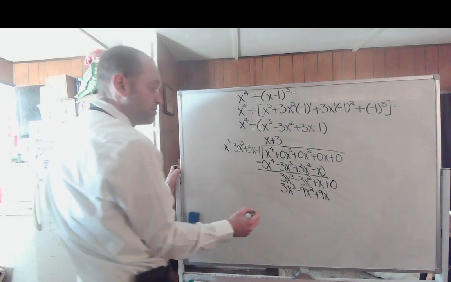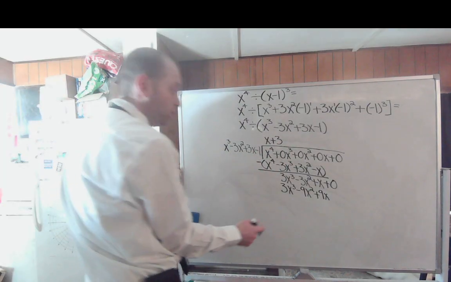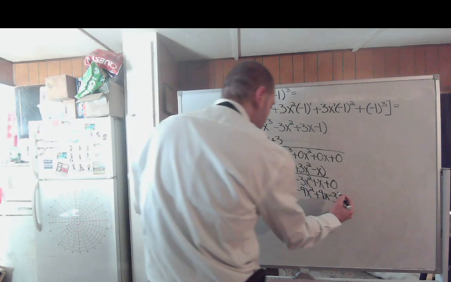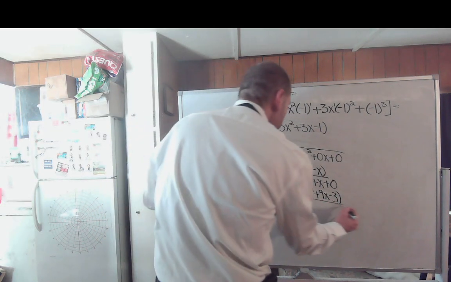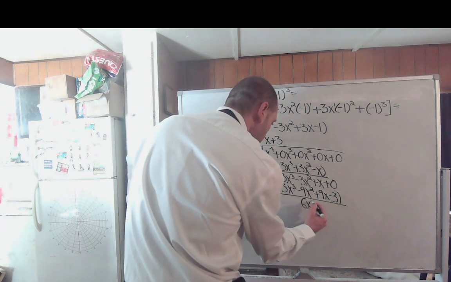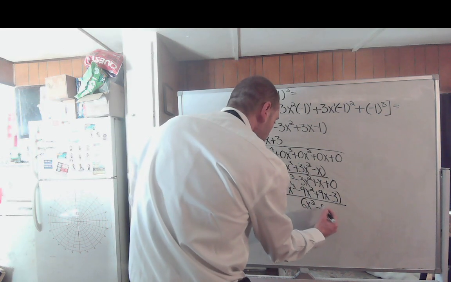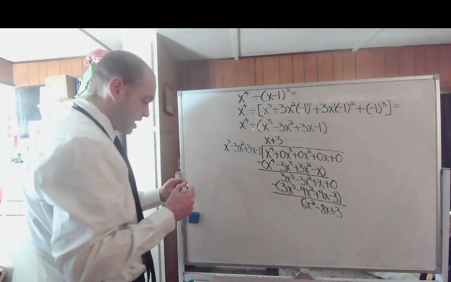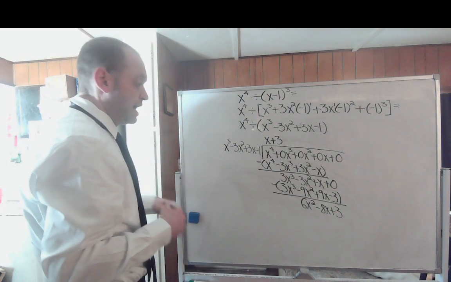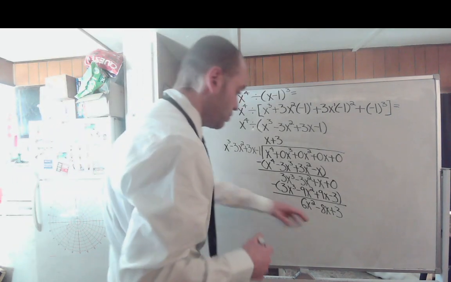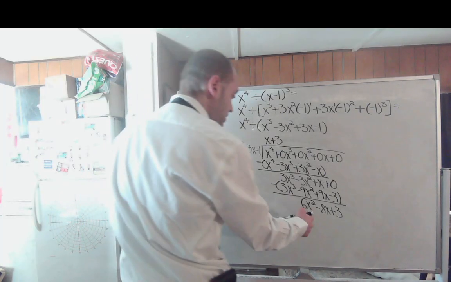And then 3 times negative 1 is negative 3. Now subtract the row you just got from the row above it. You end up getting 6x squared minus 8x plus 3. And that's the best you can do. The whole thing ends up being your remainder.